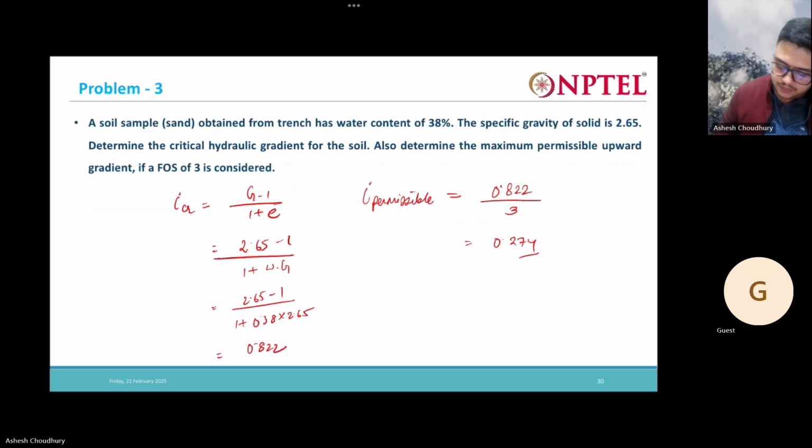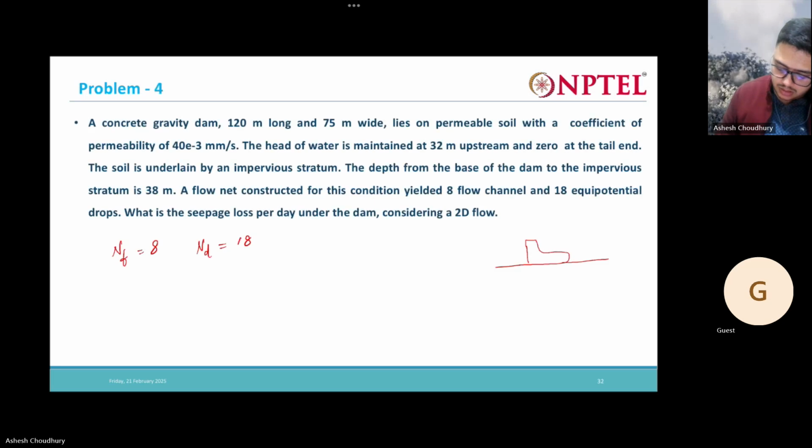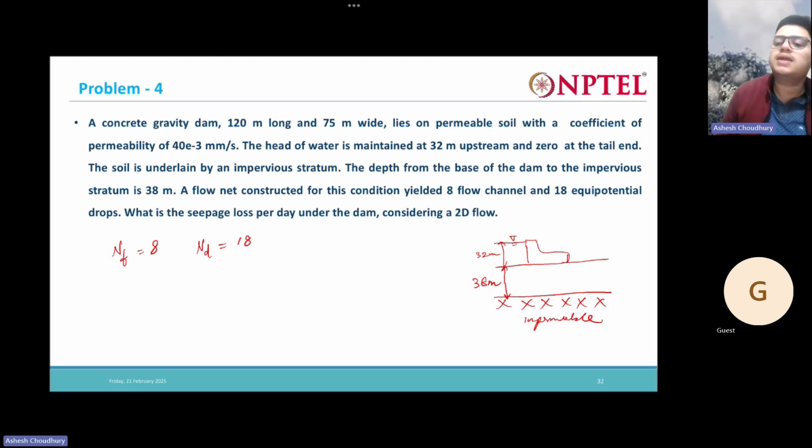The head of water is maintained at 32 meters in the upstream, so if this is the water head, this is 0 meters, and this is the impermeable layer, given as 38 meters. So the number of flow channels is 8, the number of equipotential drops is 18. Here this condition is directly given to you.